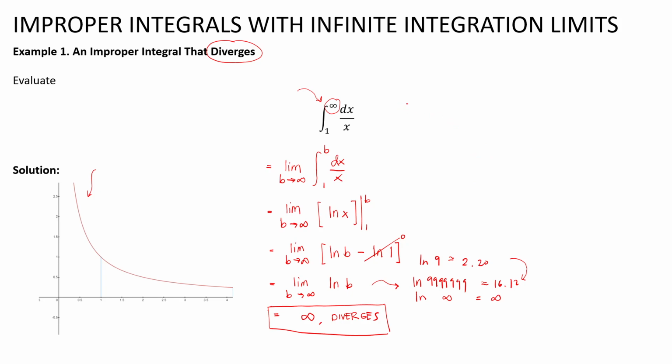Okay, so if you try to sum up the steps in this example: you take out the infinite limit, the next is integrate, then next is apply the limit of something as it approaches infinity, or it may be negative infinity depending on the problem.